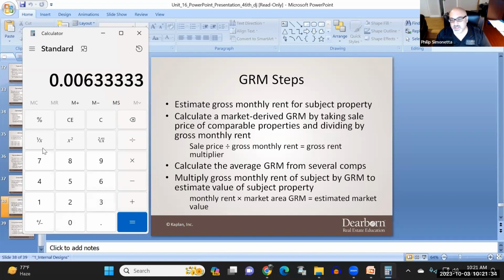So let's say it's a $1 million house and you want to figure out what the rent should be. You take the price of the house divided by the rent, and it gives you this number. Then you take this number and multiply it by whatever the value of the house is that you want to find out the rental for. So you multiply by $1 million, and this will tell you what the $1 million house should be rented for.